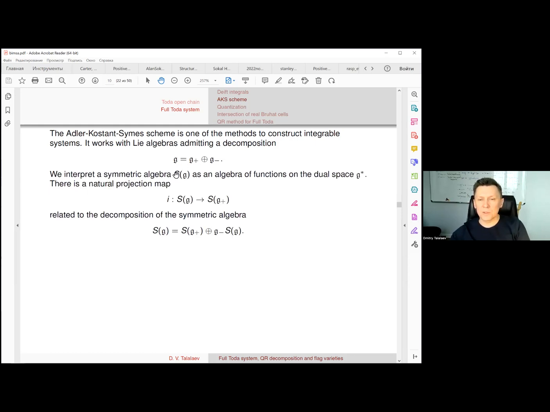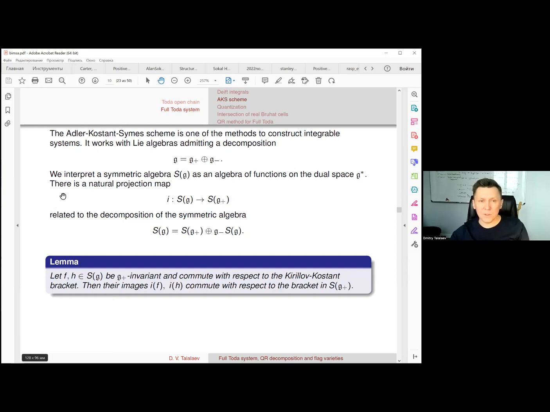Here we interpret the symmetric algebra of the linear space G as an algebra of functions on the dual space G star. And there is a natural projection map I from SG to SG plus, which is related with the natural decomposition of the symmetric algebra, the algebra of polynomials, in such a sum.